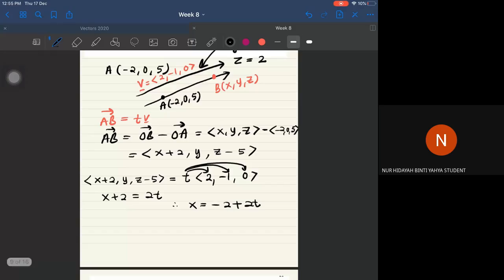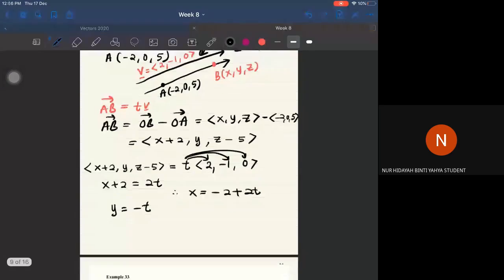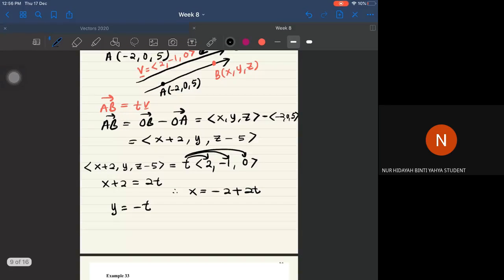Next, Y is equals to negative T. So dah memang dalam simplified form dah tu Y tu kan. So the last one, z minus 5 is equals to 0. So z is equals to 5. So therefore, this will be your parametric equation.